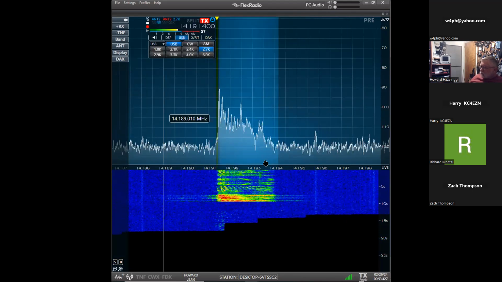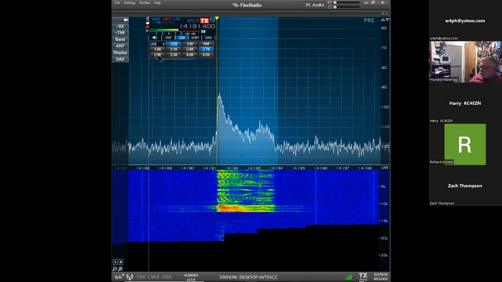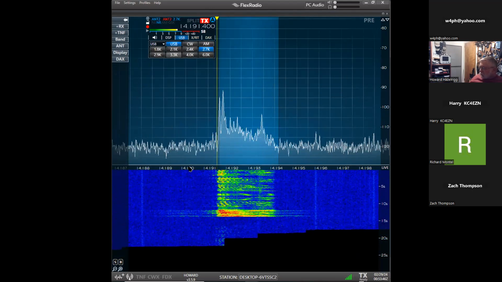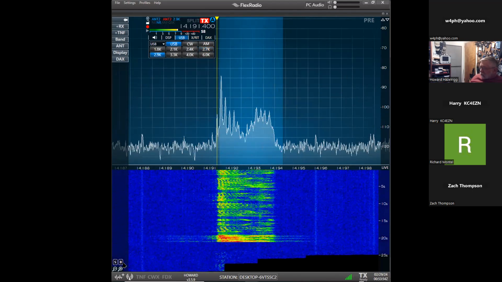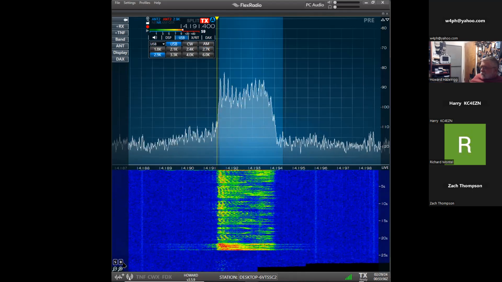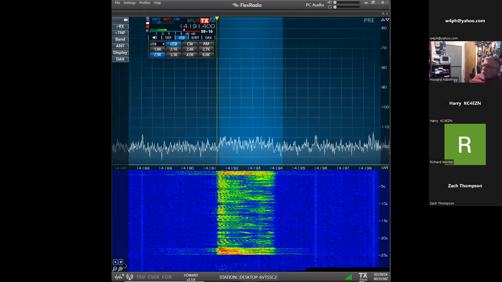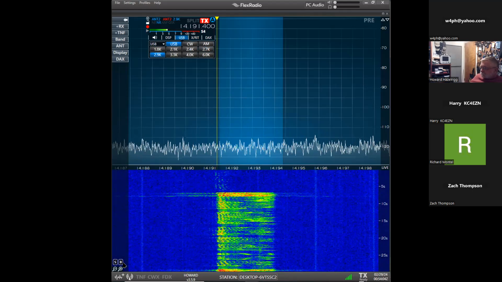And the width here that I'm receiving in that case is 2.7 kilohertz. We'll change it up to 2.9 so that you can see how wide that signal is. In that same space, you can have 20 or more of the digital signals operating at the same time.